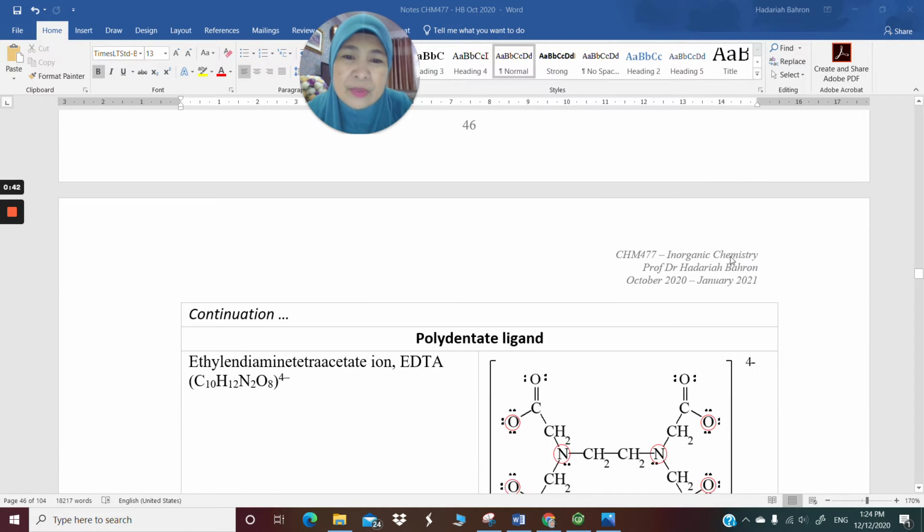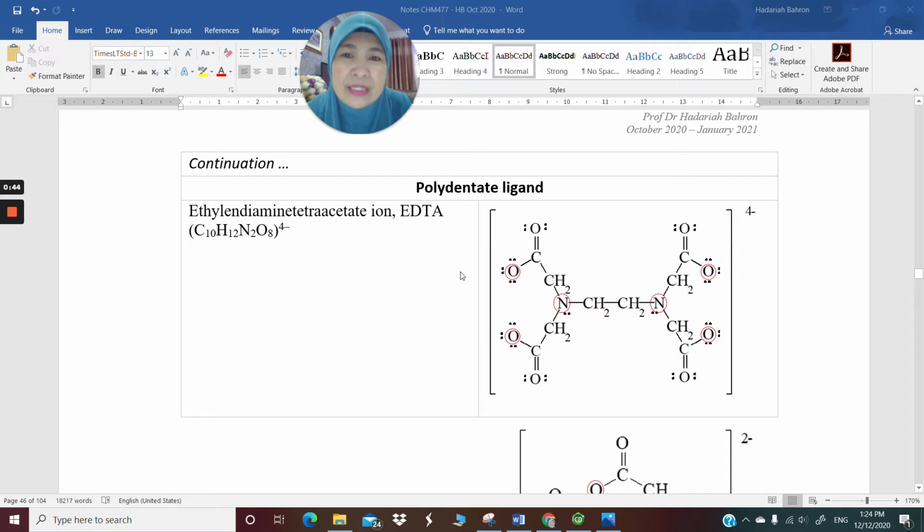I also went through polydentate ligands, an example of which is ethylene-diamine tetraacetate.